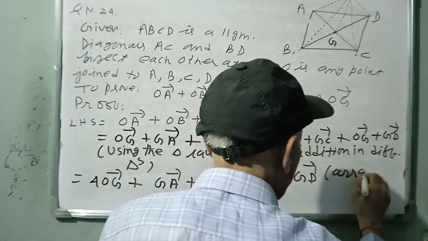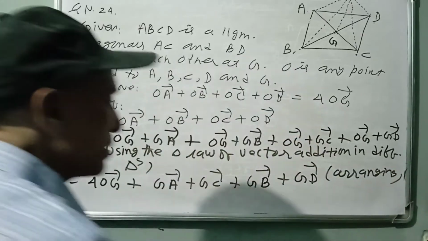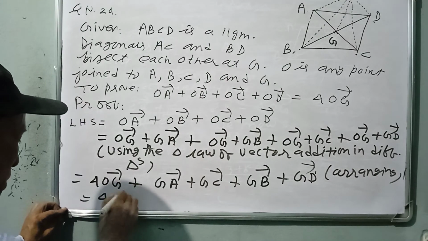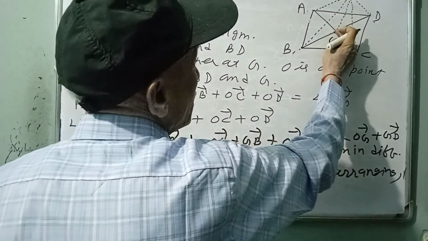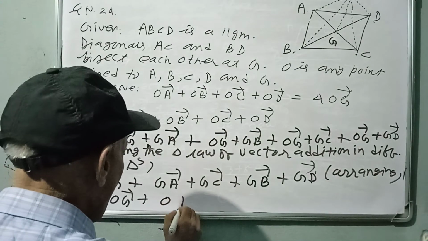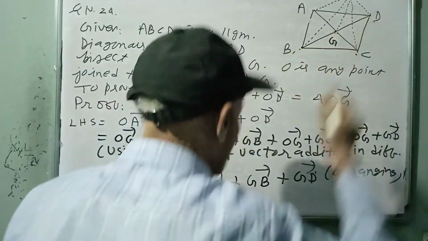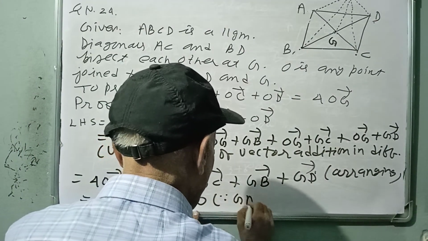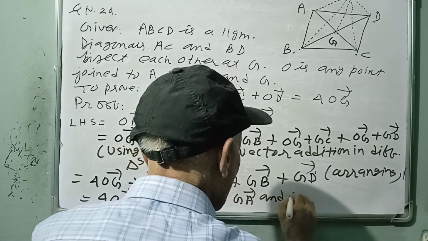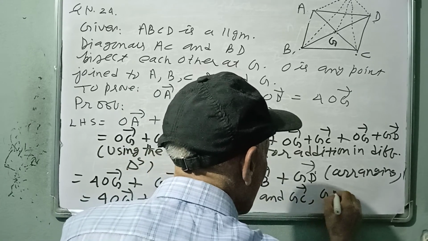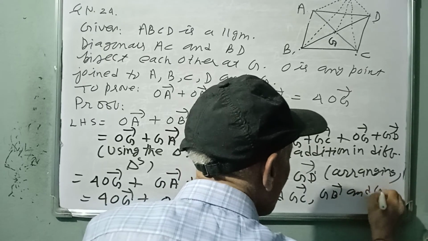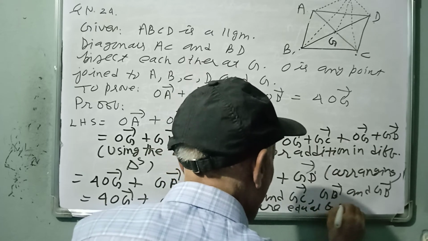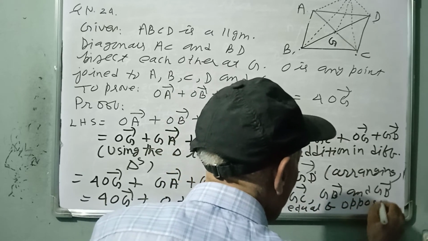Arranging. What did we do here? We arranged. 4OG is 4OG. GA plus GC is 0. In the same way, GB plus GD is also 0. Why? Because GA and GC, GB and GD are equal and opposite.